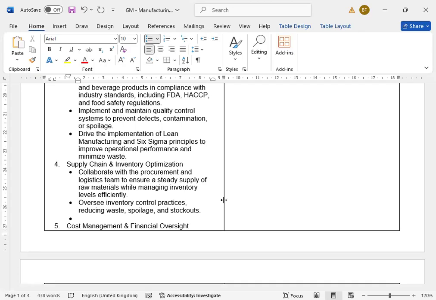Then another one is ensure smooth coordination between production and the supply chain.